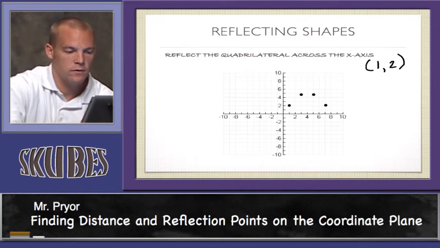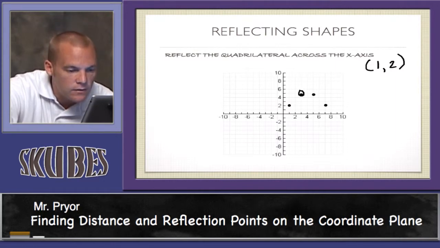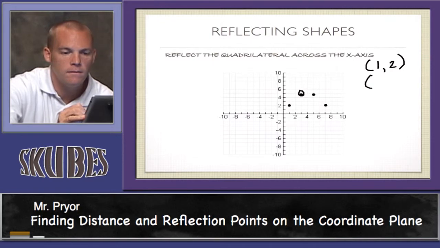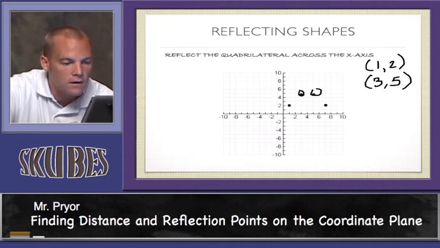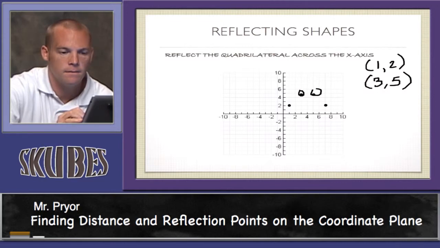All right, the next point, this one here, will be right 3, looks to be up 5, 3, 5. All right, and then the next point, we'll just keep moving clockwise there. We're going to go to the right 5 and up 5 to get to that point.